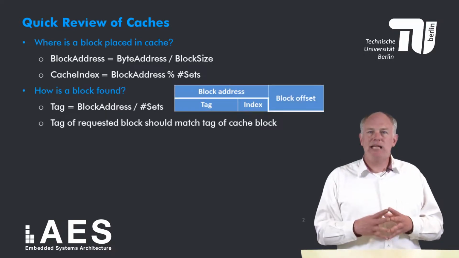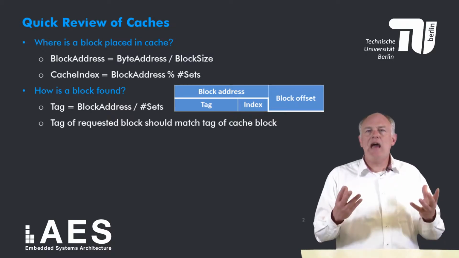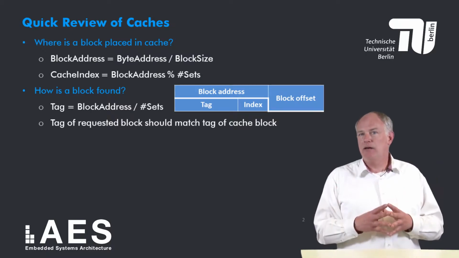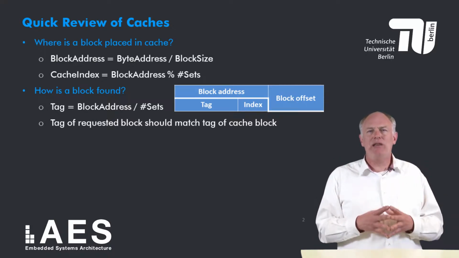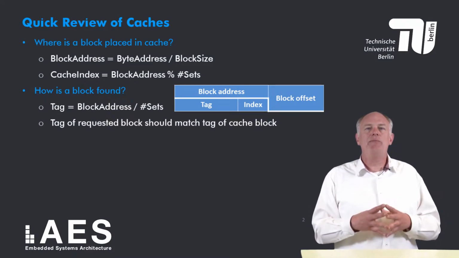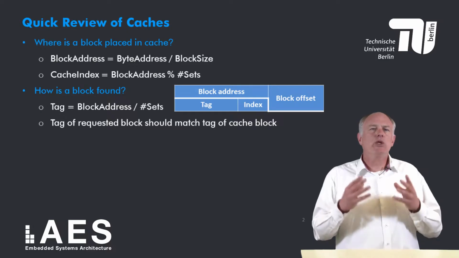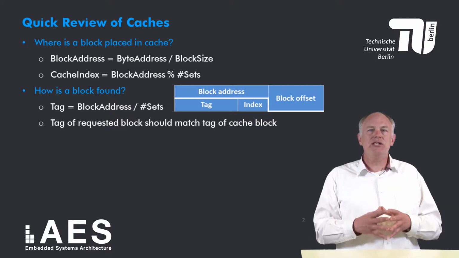The second basic question is, how do we find a block? Recall that every cache block has a tag, which is the portion of the address that is not implied by the position of the block in the cache. The tag is equal to the block address divided by the number of sets. So we have a cache hit when the tag of the requested block matches the tag of the block stored in cache.